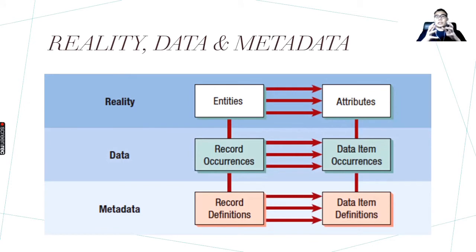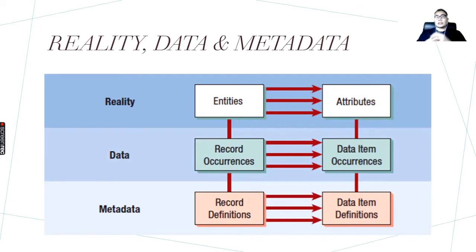For example, if the object is students, then the attributes should be student ID, name, student's address, and so on. If we convert this into computer language, it will be a table that consists of columns.